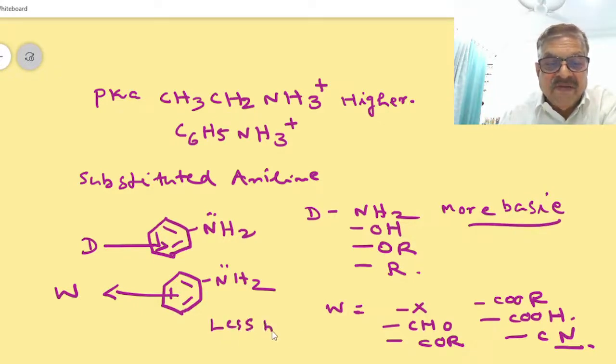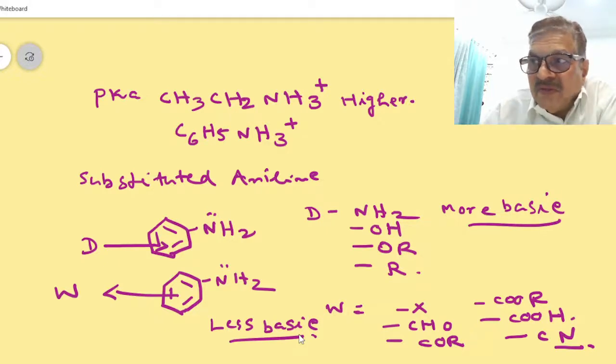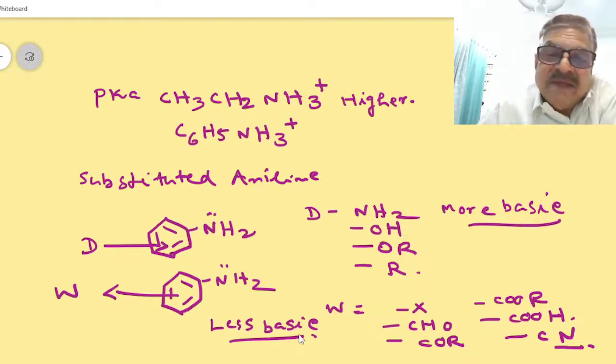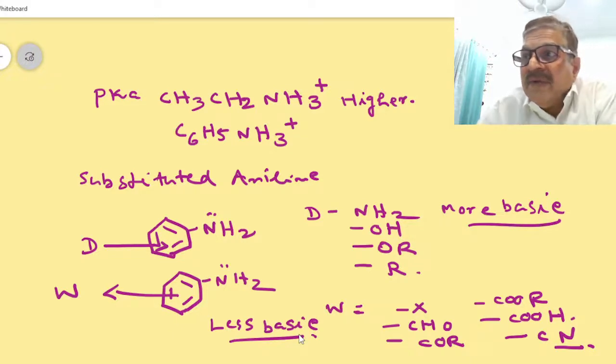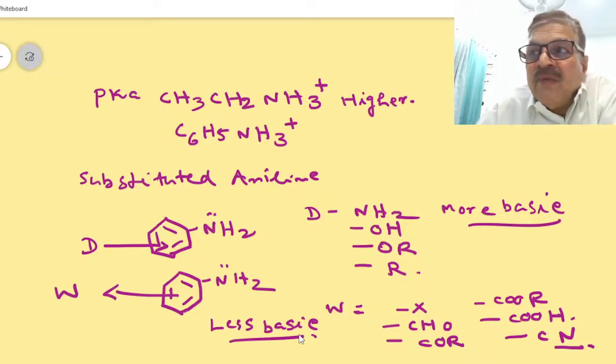There are two different types of substituent groups we can identify: electron donating groups and electron withdrawing groups. Electron withdrawing groups remove the electron density from the benzene ring, therefore the aryl amine becomes less basic than aniline. But in the case of electron donating groups, electron density is added to the benzene ring, making it more basic.